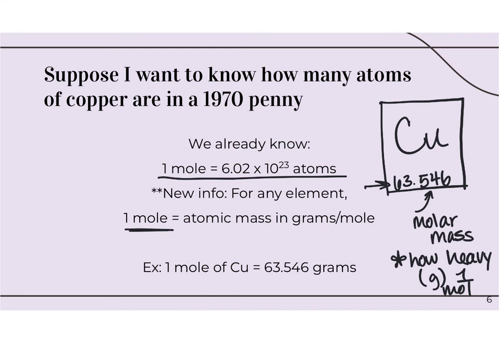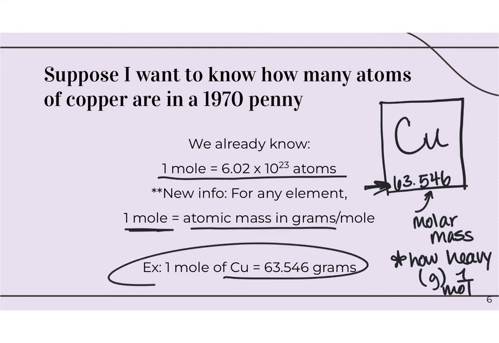So 1 mole of any element is going to be that molar mass, what we call the atomic mass. So it's molar mass, atomic mass, same situation, okay? So if we're looking at copper, again, it's going to be 63.54. If I was looking at something like, let's say oxygen, for argument's sake, it would be 15.9994, okay? So that would be its atomic mass in grams per mole. So that's how heavy a mole of oxygen would weigh.